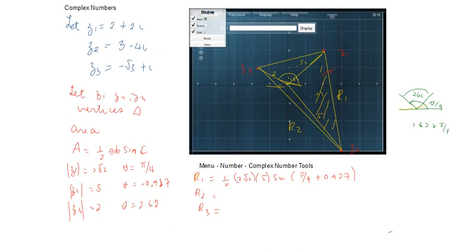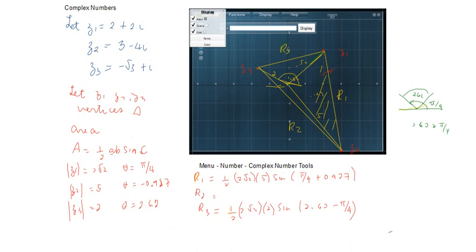So for region 3, we have 1/2 of 2 square root of 2 times 2 times sine of what? 2.62 minus pi over 4.